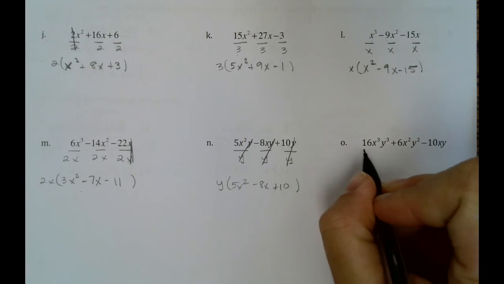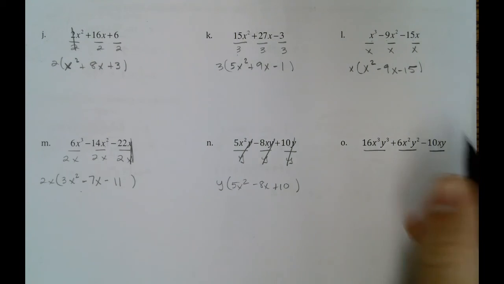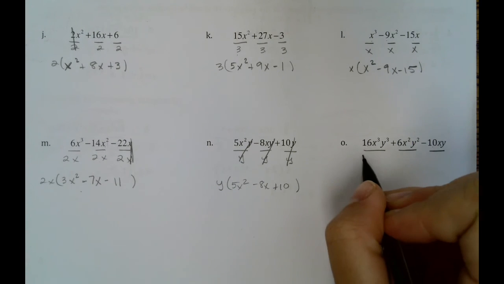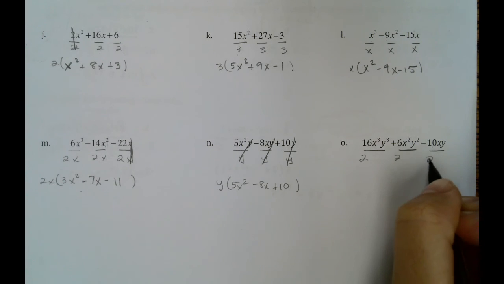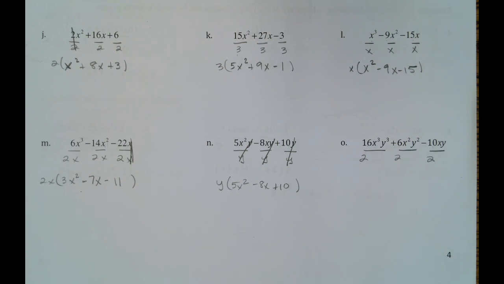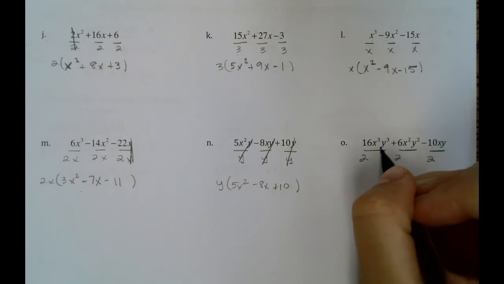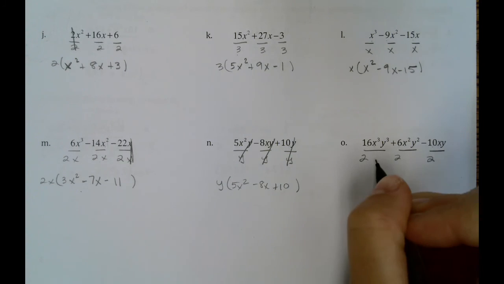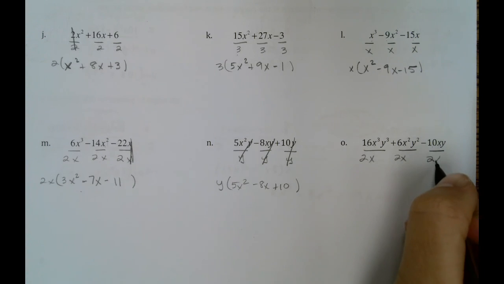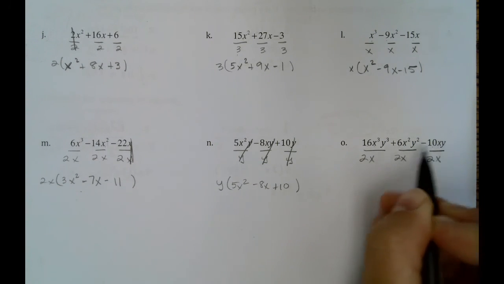Okay, letter O. So here, there's a lot going on. 16, 6, and 10 are all even numbers, so we know we can at least divide by 2. We do have an x in each term, and we do have a y in each term.